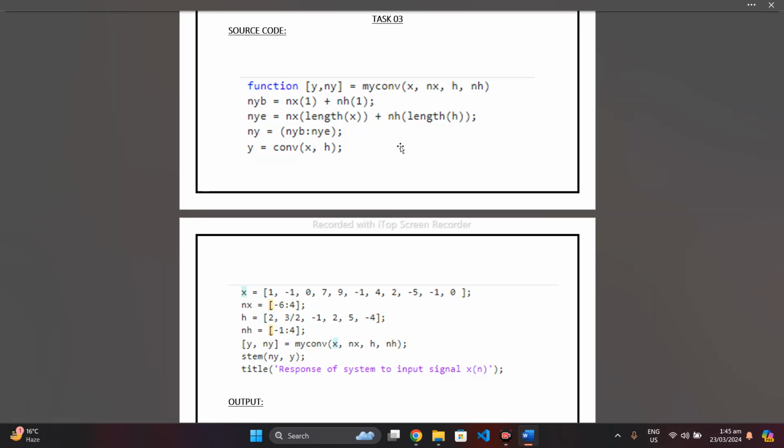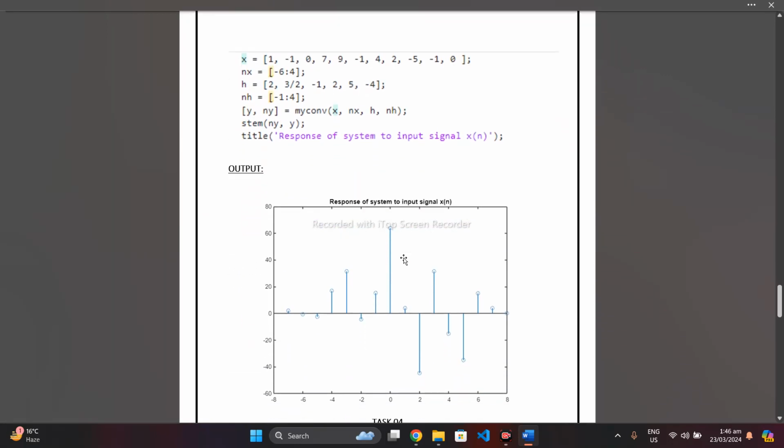And in Y we convolve X and H. Now we define a range of X, then define a range of NX, then define a range of N, then define a range of NH, and lastly we convolve X, NX, H, NH, and use the stem command, and in last we give the title. As a result we get an output like this.